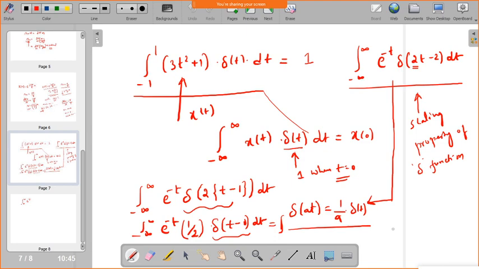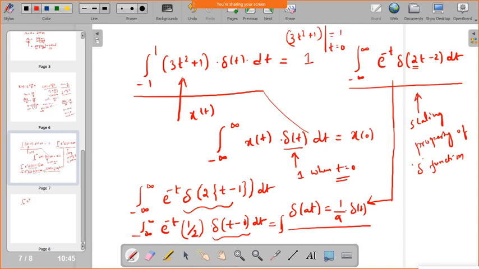Maybe it is a network issue, she is not able to tell properly. So now, as I said, this delta function property: at t equal to 0 it will become 1. If you substitute the value of t here, this will become 1. In terms of the example 3t square plus 1, only at t equal to 0 it will become equal to 1.